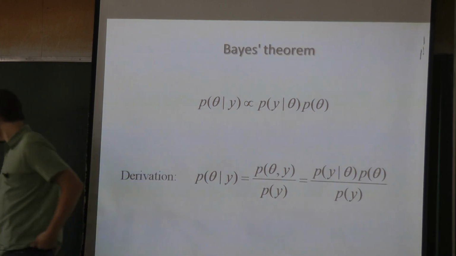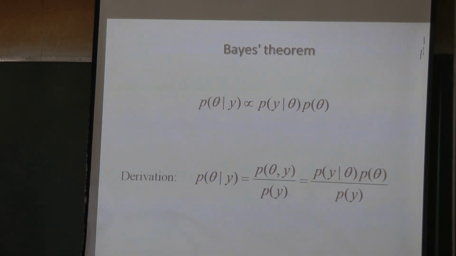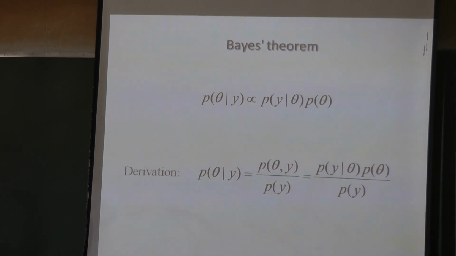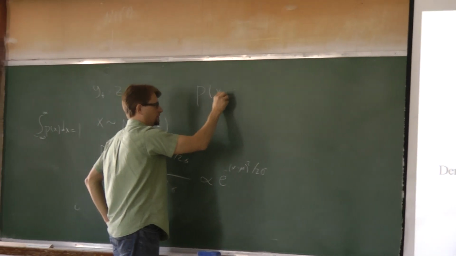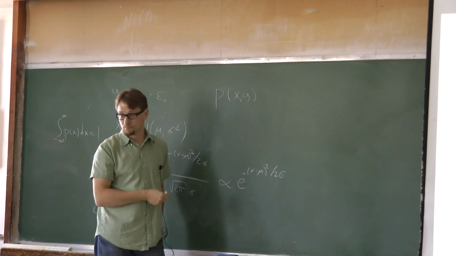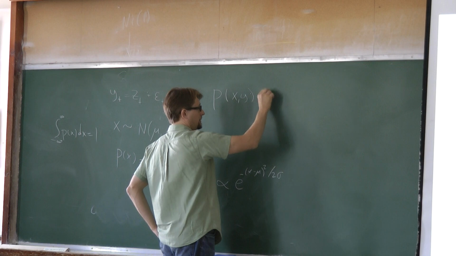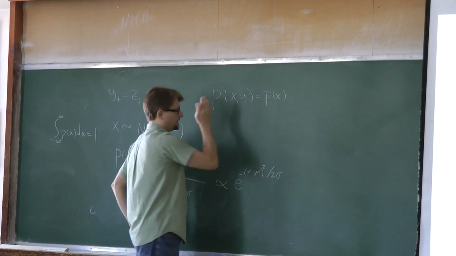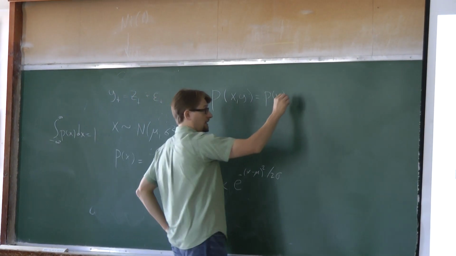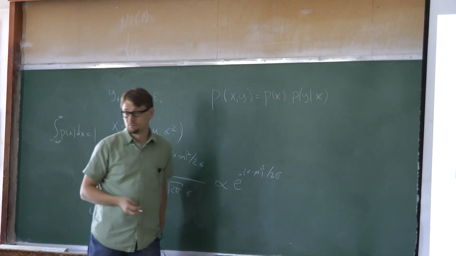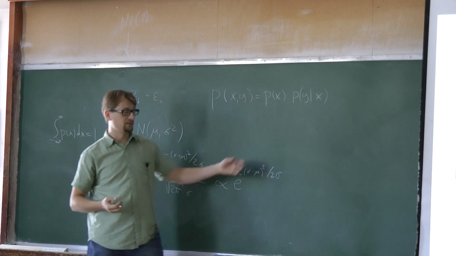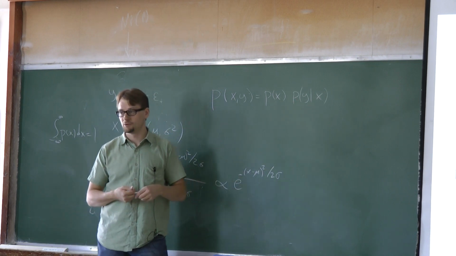I guess many of you are familiar with this idea that the joint probability of, let's say, two variables x and y is the same as the probability of the variable x times the probability of the variable y given x. This is basically the definition of conditional probability.